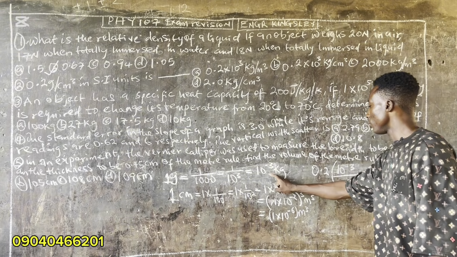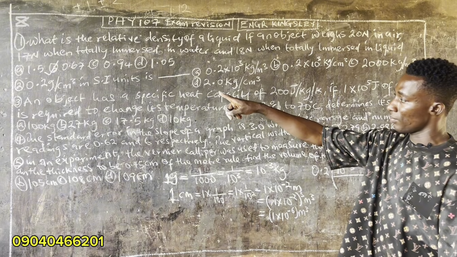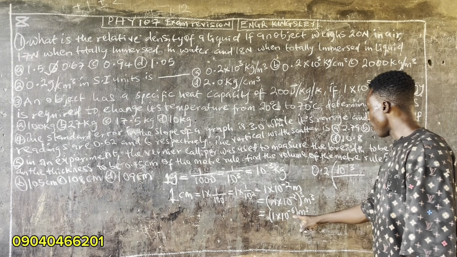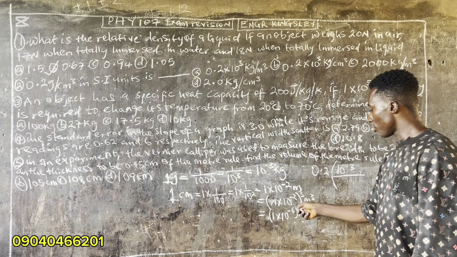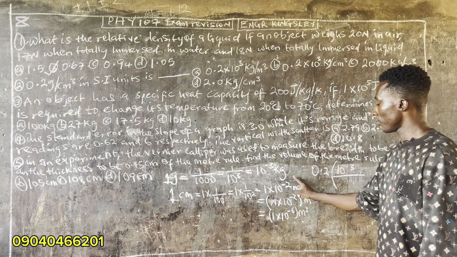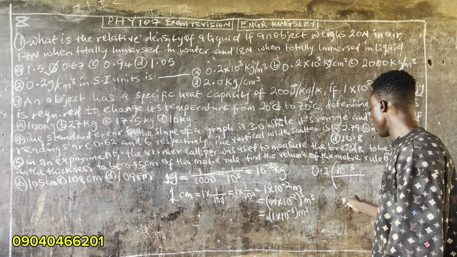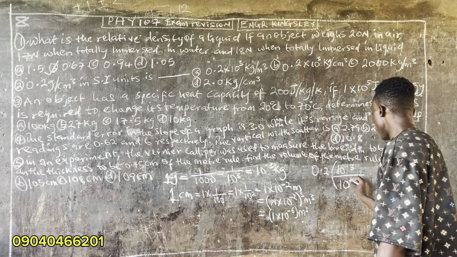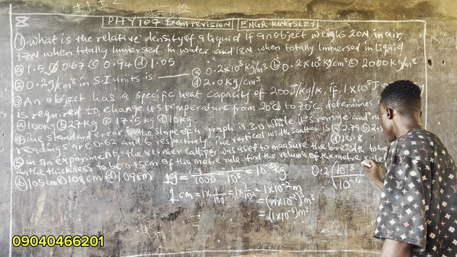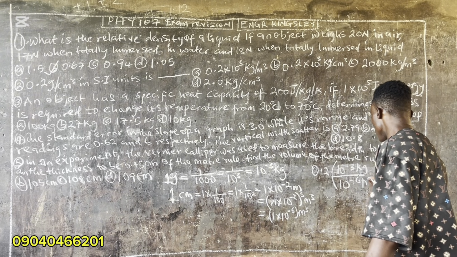But provided that the cm is cubed and you are converting it to meter cube, instead of being times 10 raised to the power minus 2, because of the cube, it will be 10 raised to the power minus 6. Okay, this one is in kilogram and this one is in meter cube.